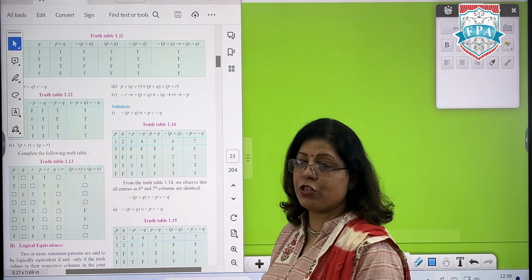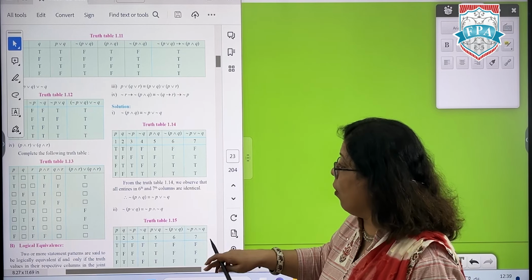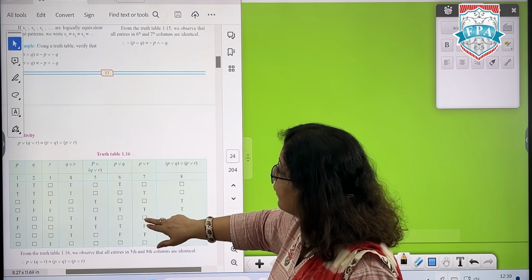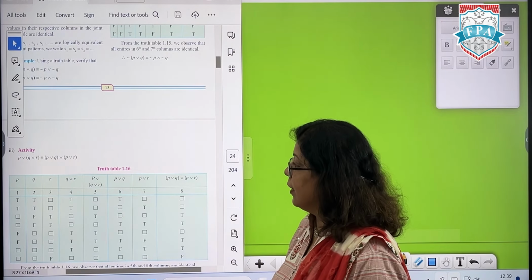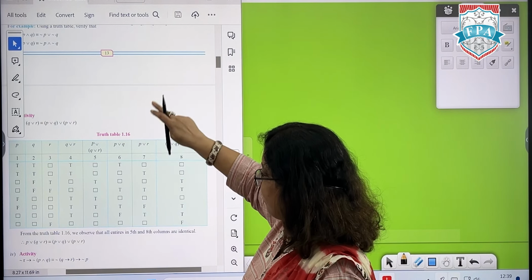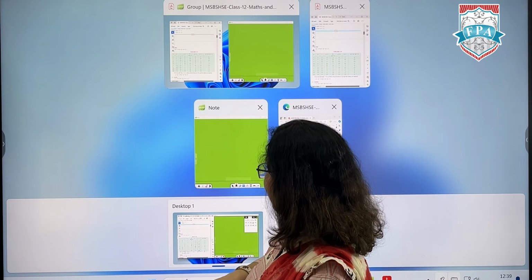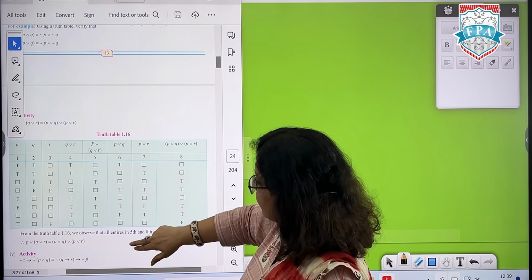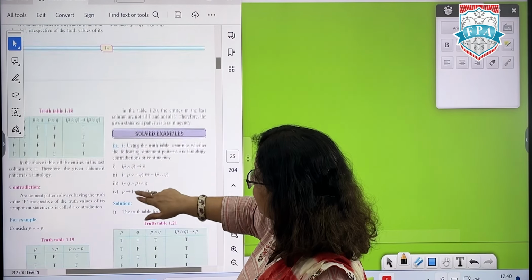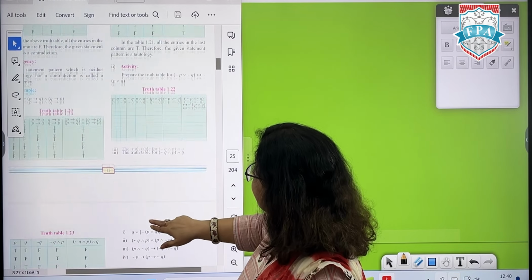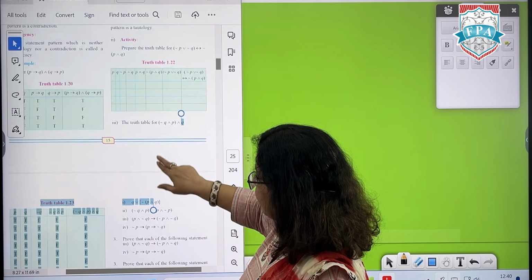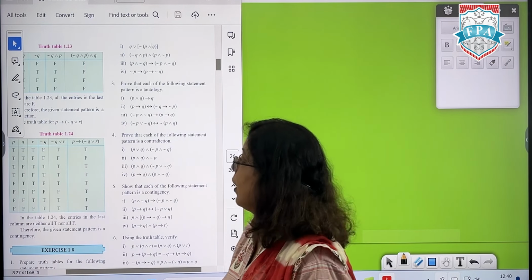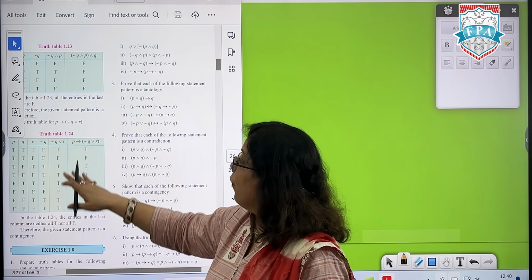Let's see a simple question. Negation of this. Truth table for finding this statement.